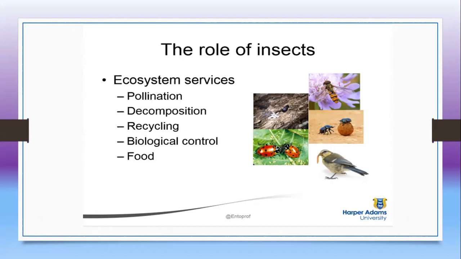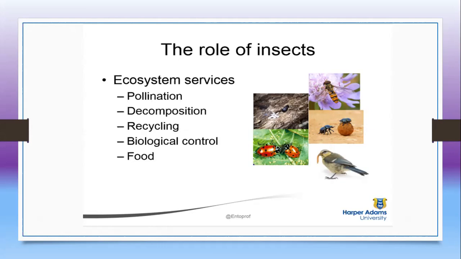Not only this bee, but nearly 90% of the flowering plant species and 75% of the crop plant species solely depend on pollination by animals. So especially insects, mostly by insects. Not only insects, other animals also act as pollinators, such as birds and even mammals.